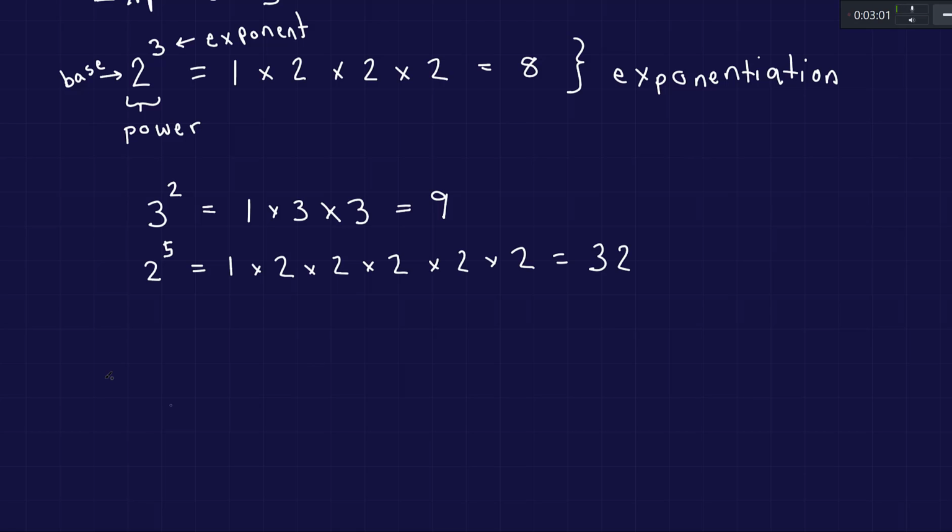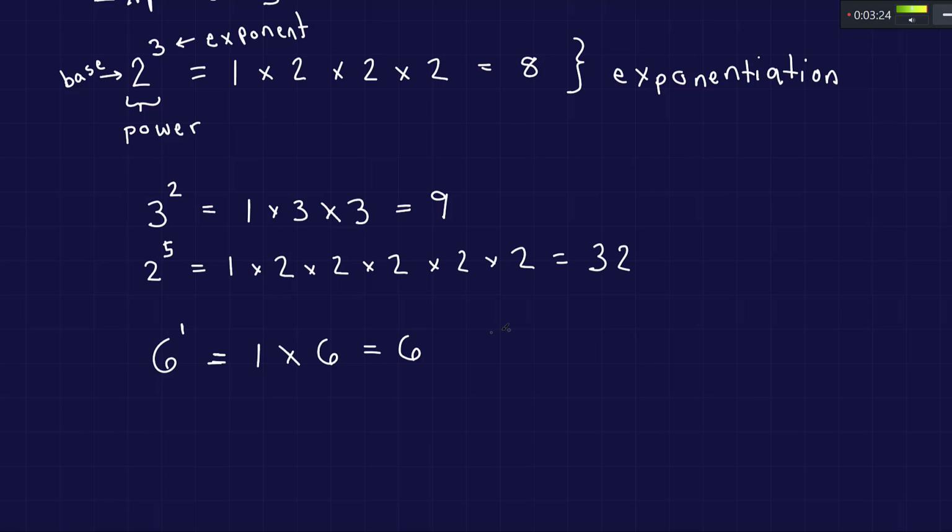So how about as another example, what happens when we say 6 raised to the 1 power? Well, that would be 1 times 6. And we only have 1 6 here. So that becomes 6.